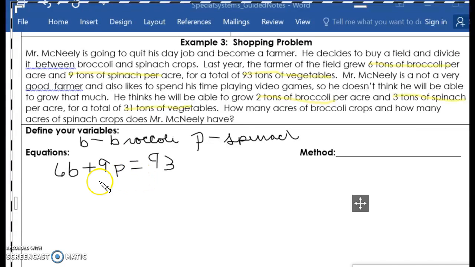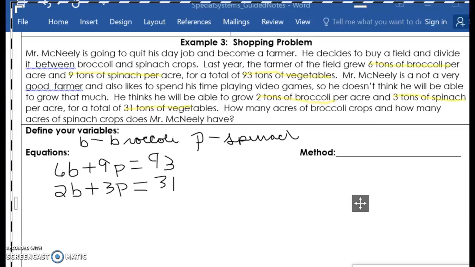Mr. McNeely is going to try and grow 2 tons of broccoli and 3 tons of spinach, for a total of 31 tons. There's our system.